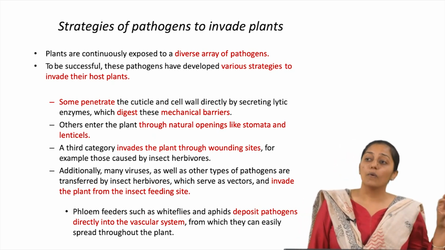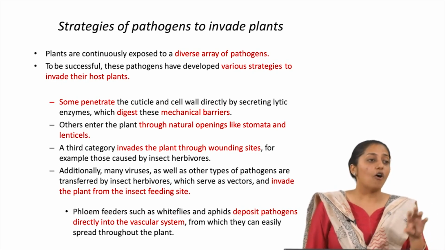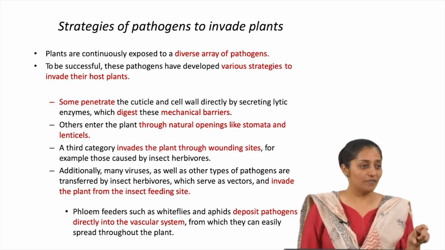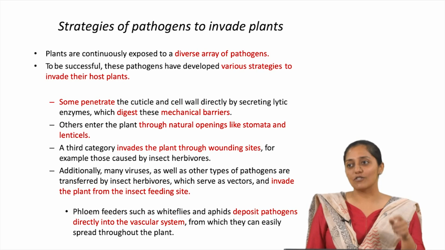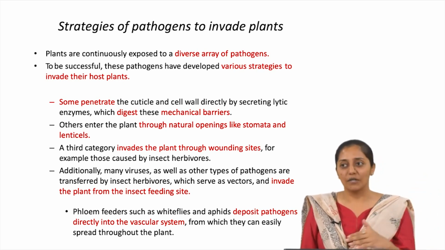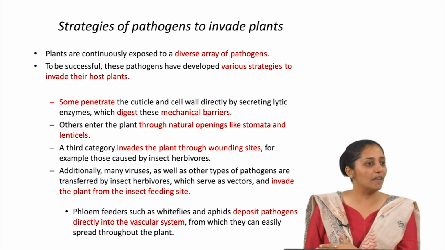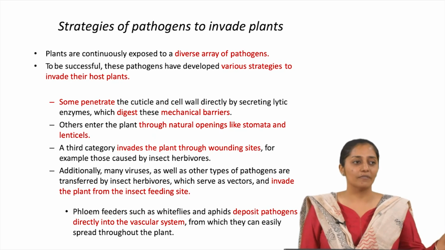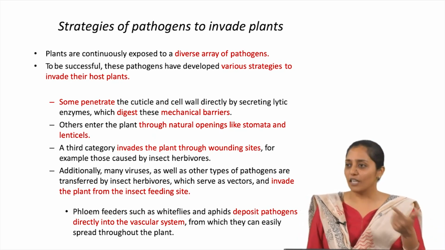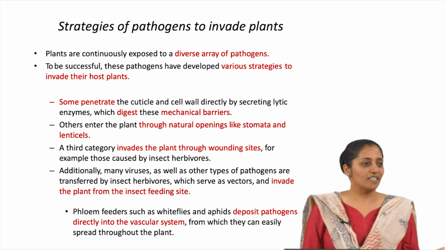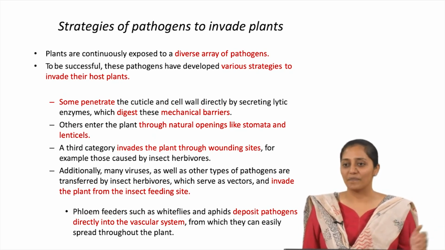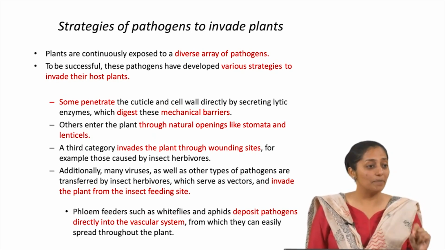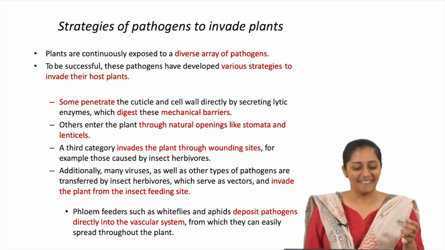If you know why something is happening in nature, obviously you can get cues of what the potential applications of these can be. So, if you know that these pathogens are capable of producing lytic enzymes which can break down the plant cell wall, obviously they would have enzymes which might be capable of lignin degradation or cellulose degradation, hemicellulose degradation, which can give you cues for other applications. So, it is very important to understand why something is happening in nature.